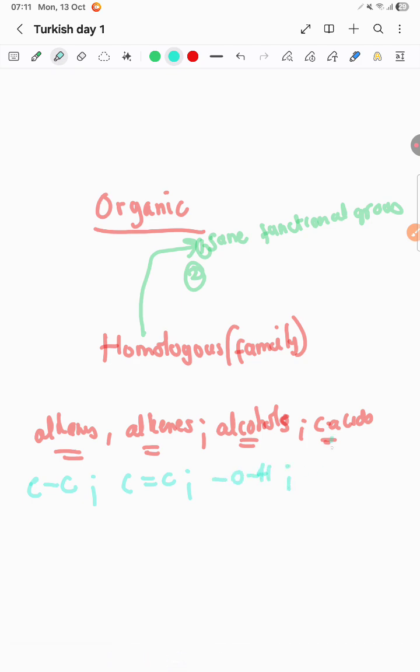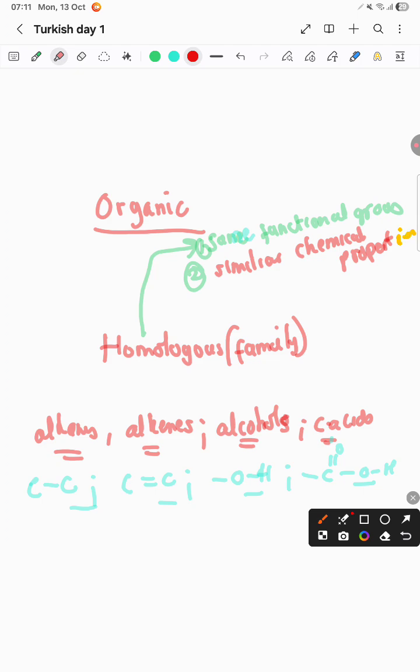And all carboxylic acids will have the C double bond O and the OH. See, these are what we call functional groups, because if you belong to a homologous series, you'll have the same functional groups. Because you have the same functional groups, this will mean that you all have similar chemical properties.